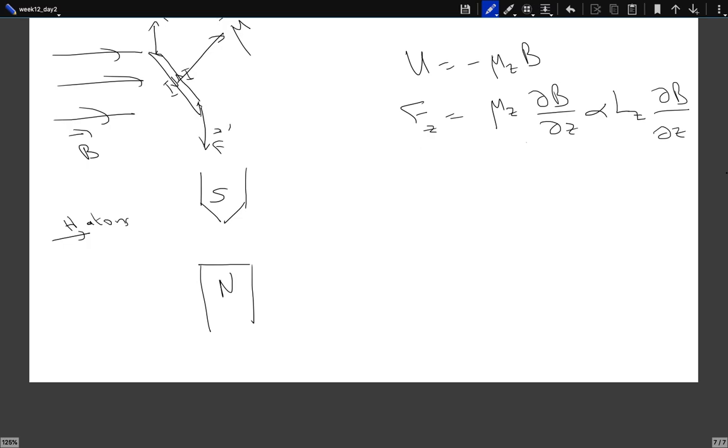So Lz can be, in the case of L equal to 1, plus 1 h bar, minus 1 h bar, or 0 h bar. Depending on what the value of Lz is, these hydrogen atoms will feel an upward force or a downward force, or they will feel 0 force. So basically, as these atoms move through the system, they will split into 3.